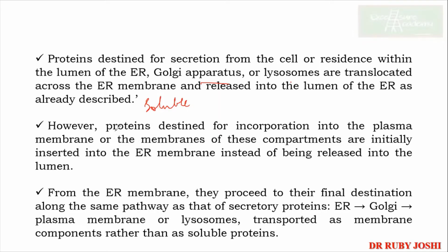However, proteins destined for incorporation into the plasma membrane, and all the membranes of these compartments, are initially inserted into the ER membrane and then this gets released into the lumen. So from the ER membrane they proceed to their final destination, which we studied in the last class: ER, Golgi, plasma membrane, or lysosomes or different organelles. So they all are going to be the soluble proteins.